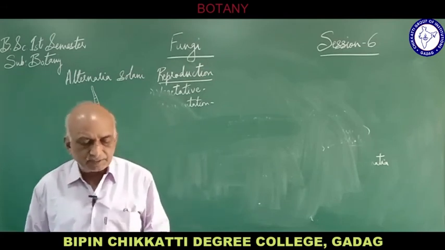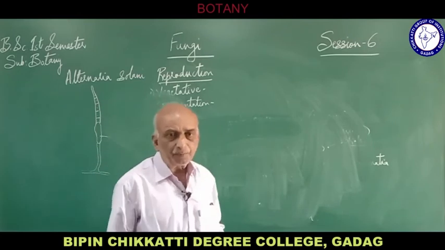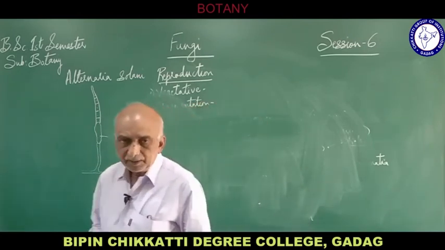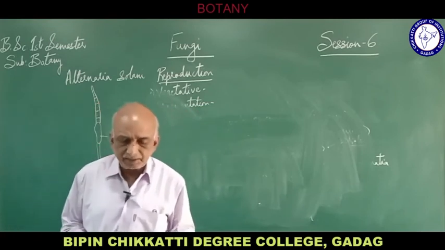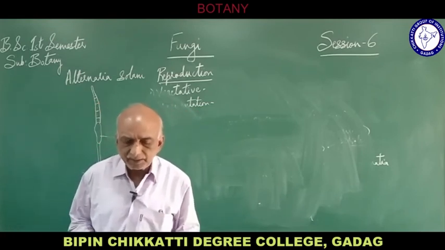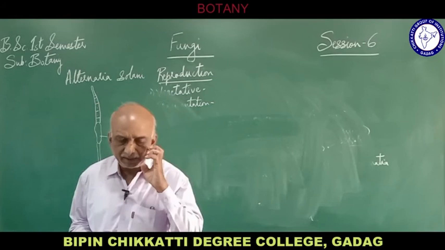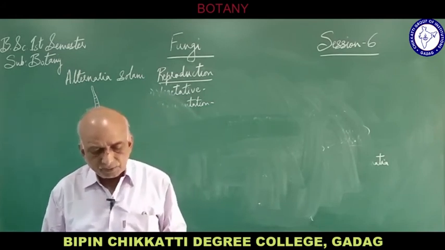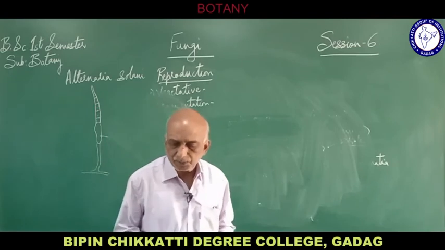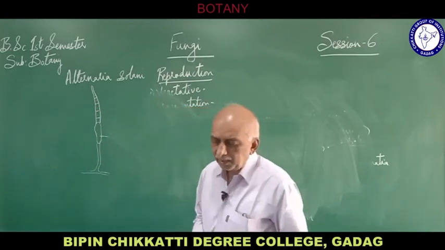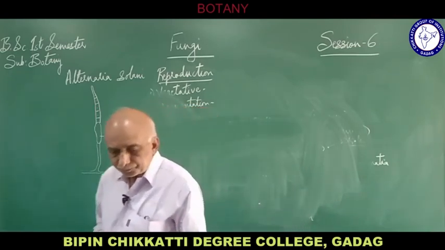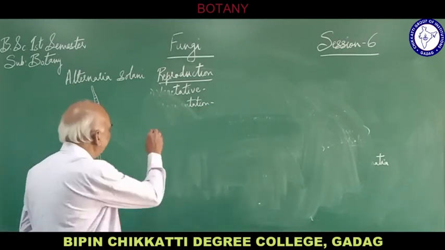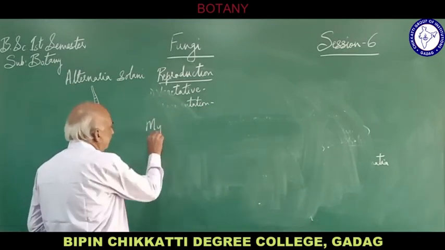Certain chemicals are also obtained from lichens. For example, lungwort, a lichen, is used in the tanning and perfumery industries. And a lichen called Roccella is used for coloring woolen and silk fabrics. So like this, lichens are used for various purposes.